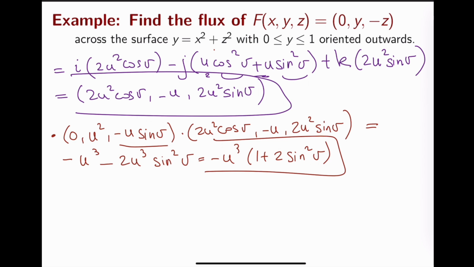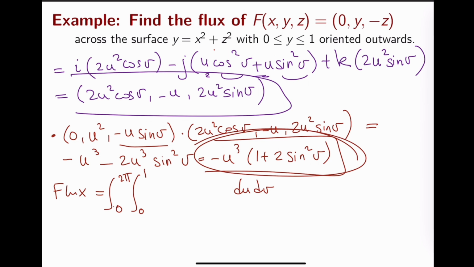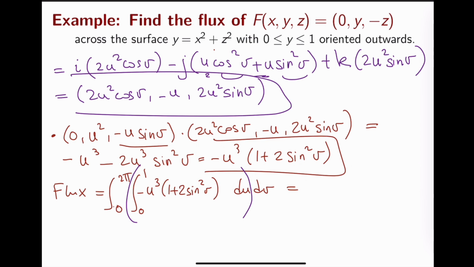And then the flux is going to be equal to the integral from 0 to 2 pi, that was the variation of the v, of the integral from 0 to 1, this was the variation of u, and the function that we have to integrate is this one. So that will be minus u cubed times 1 plus 2 sine squared of v.